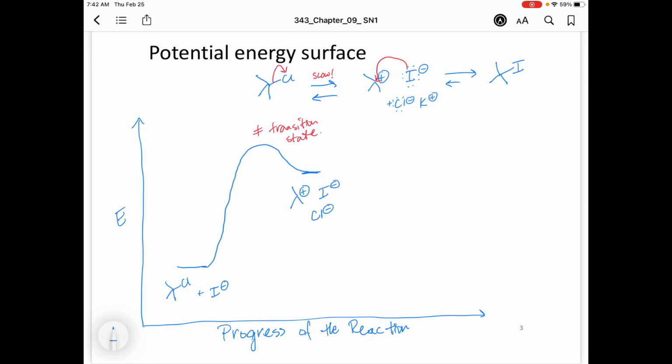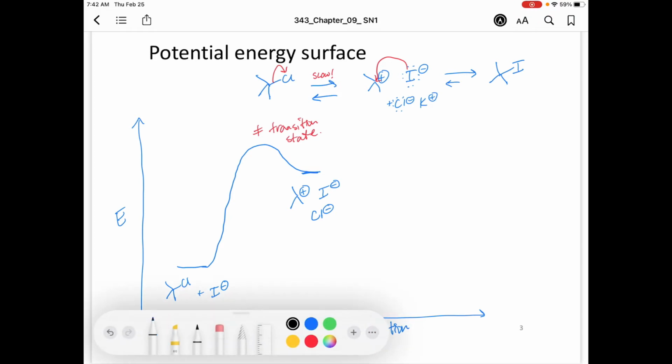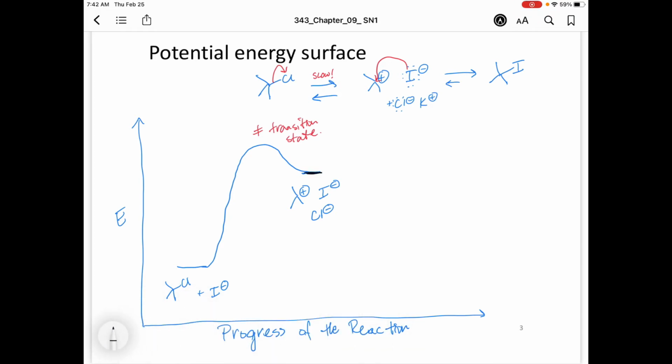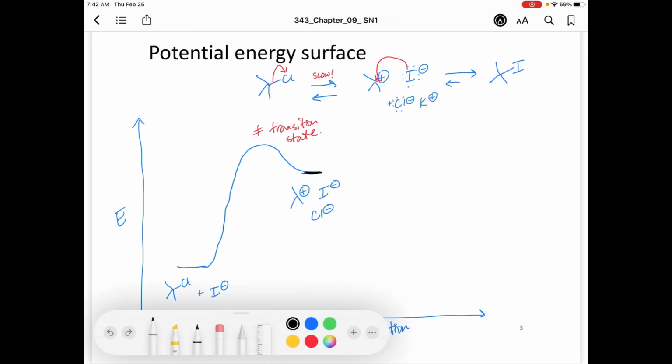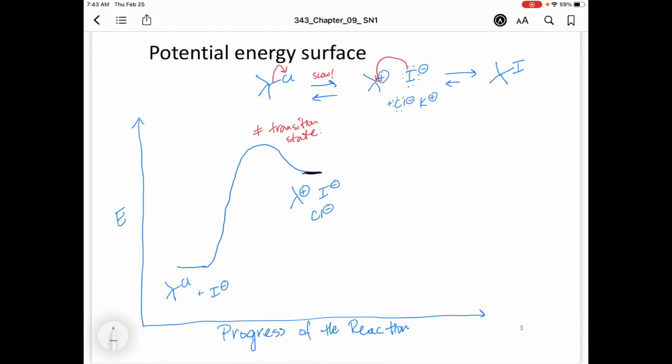It makes sense that this carbocation here is higher in energy than our starting material, which is down there. And that's because we know carbocations are higher in energy. It's got this empty p orbital. This carbon isn't very happy. Carbon wants to have 4 bonds. That's why it's higher in energy. The next step doesn't require as much energy. It'll be lower than that transition state, that higher energy that is over here.